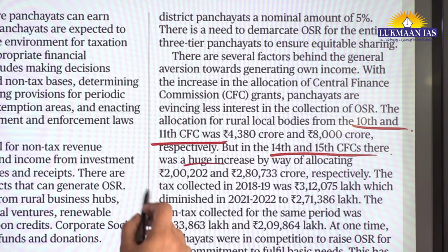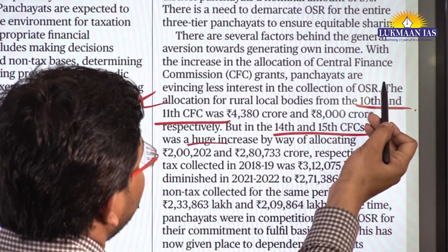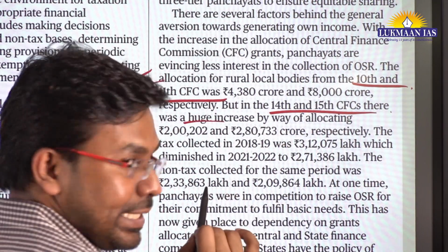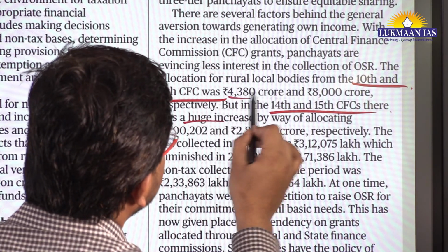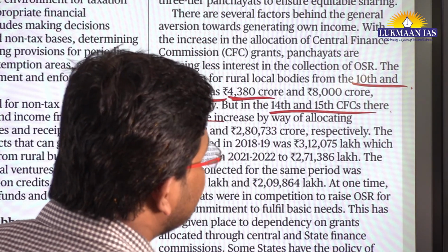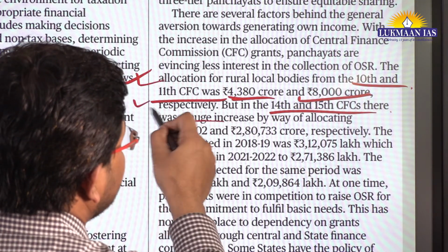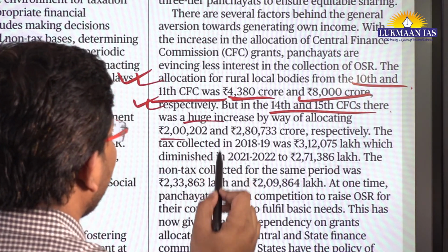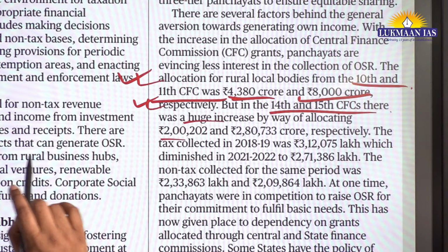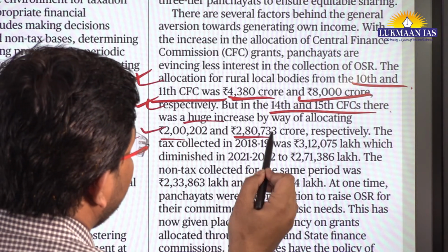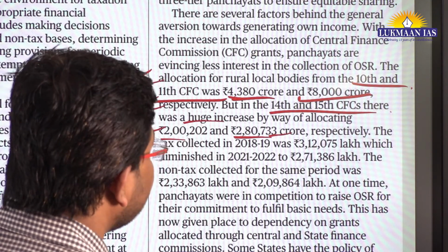Earlier, when we talk about the 10th and 11th Finance Commission, they allocated 4,380 crore and 8,000 crore. However, in the 14th and 15th Finance Commission, the allocation has increased to 2,202 crore and 2,80,733 crore respectively.